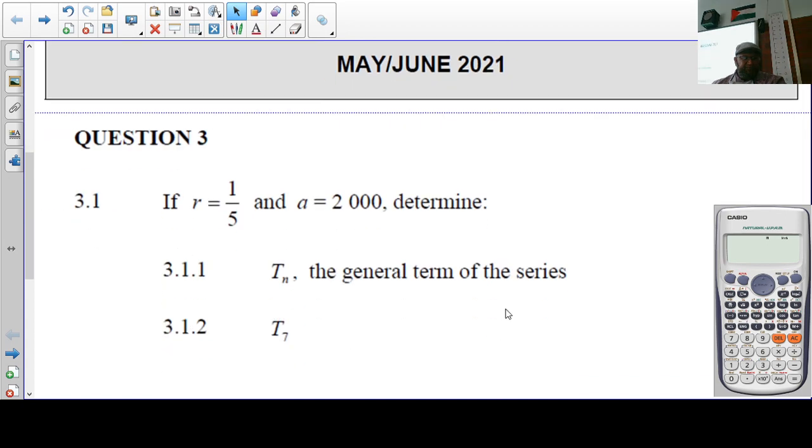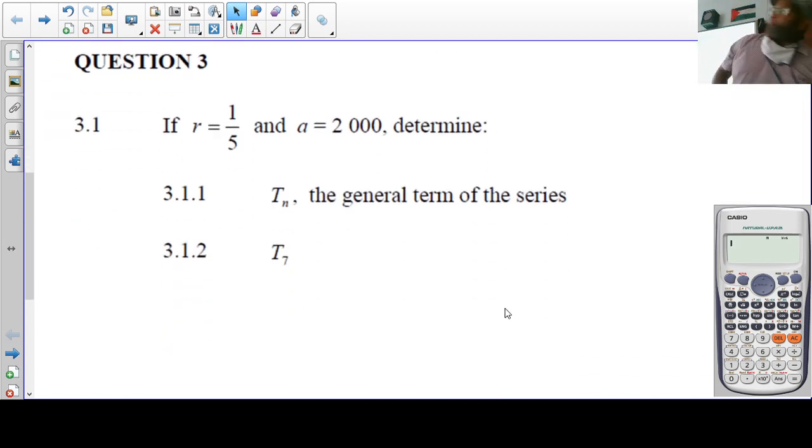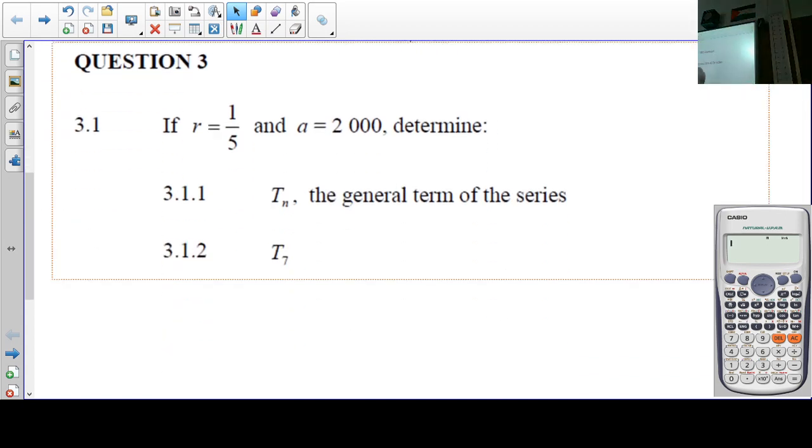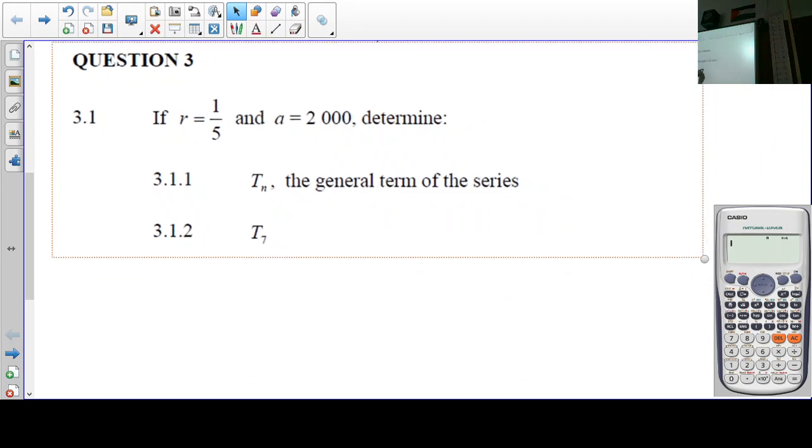Right. So for question 3.1, we are told that R is 1 over 5. So already, what do we know? What type of pattern is this? It's a geometric pattern. The common ratio is 1 over 5.